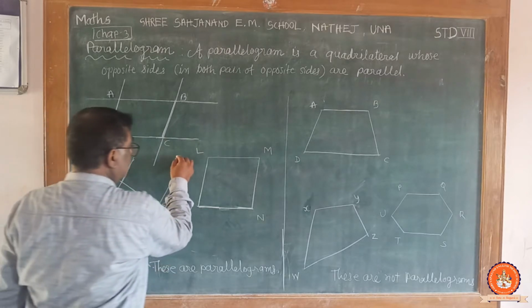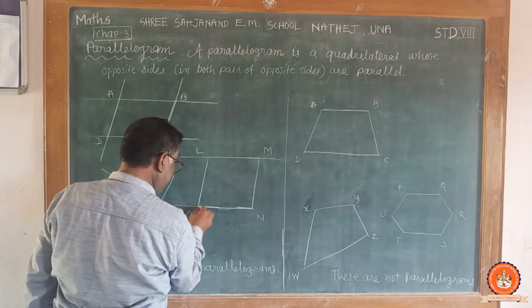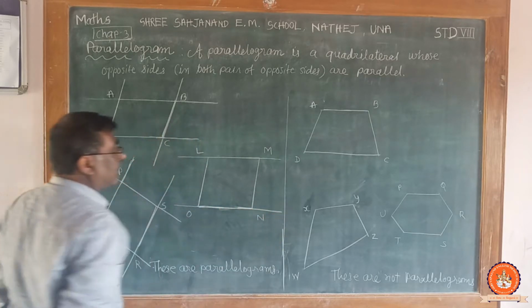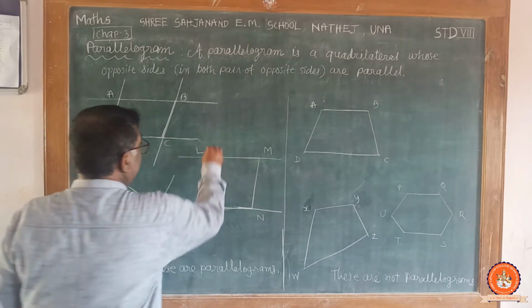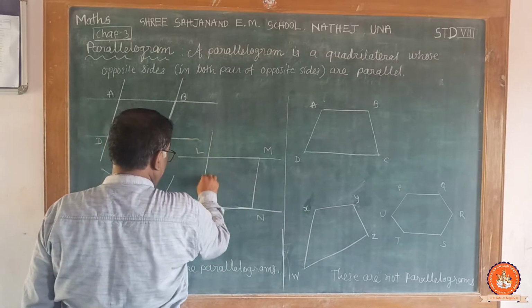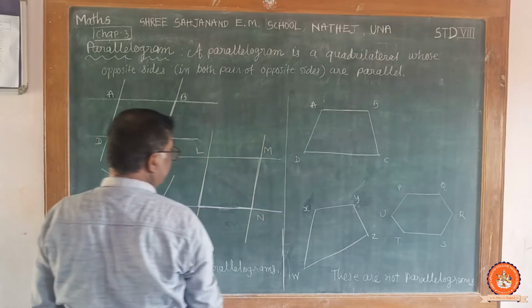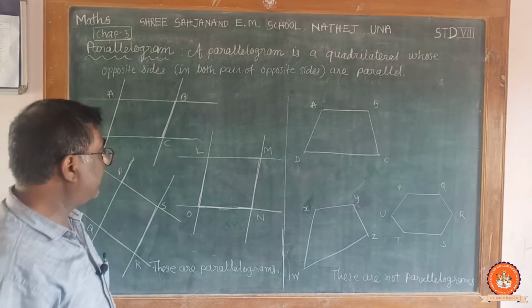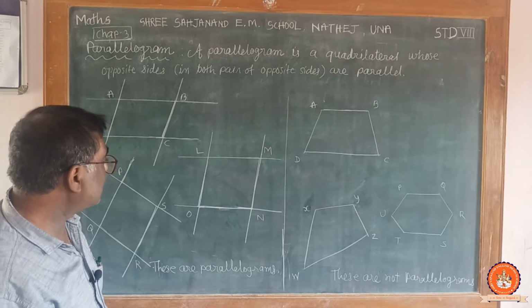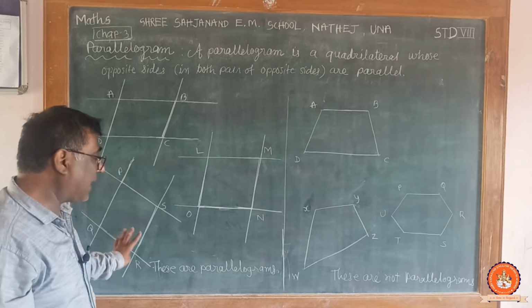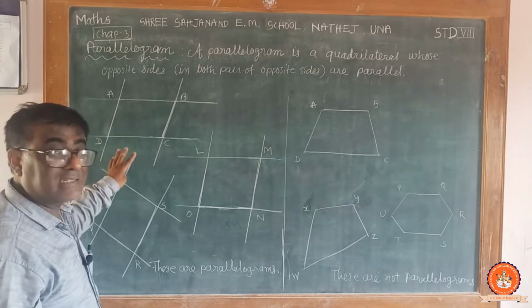In this one, if you produce side LM and ON, they are not going to intersect each other at any point. And if you produce LO and MN, these two sides also are not going to intersect if produced for long. Okay, so these are parallelograms. Both pairs of opposite sides are parallel.